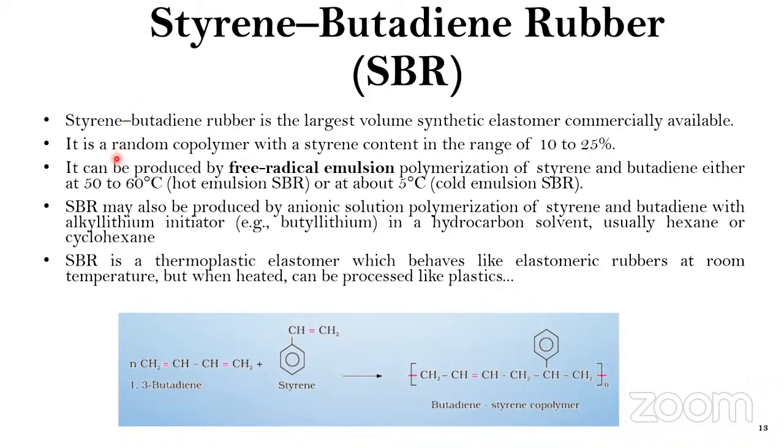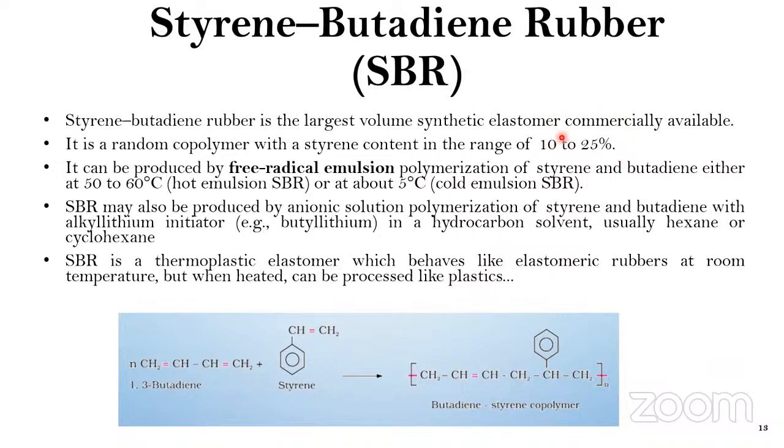It is generally a random copolymer. Random copolymer means the arrangement is quite random: butadiene, styrene, then styrene, butadiene, the arrangement is quite different. So it is a random copolymer with styrene content in the range of 10 to 25%.